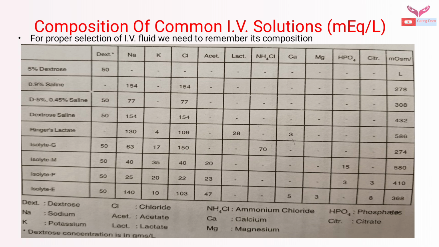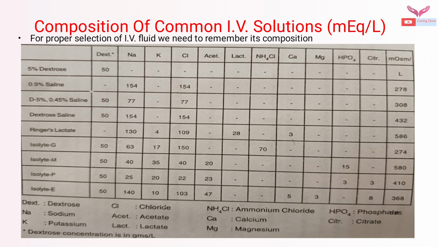Similarly, dextrose 5% and 0.45% saline, that is half dextrose saline, has dextrose of 50 grams, sodium of 77, chloride 77, and osmolality is 308. Now dextrose saline has 50 grams of glucose, 154 milliequivalent of sodium and chloride, and its osmolality is 432.